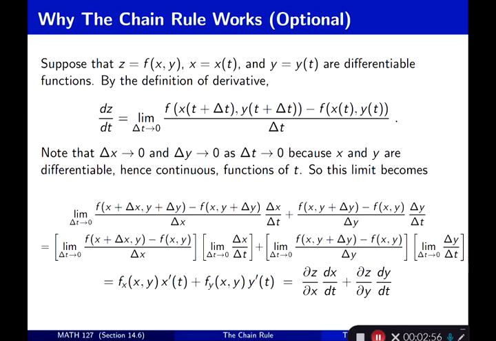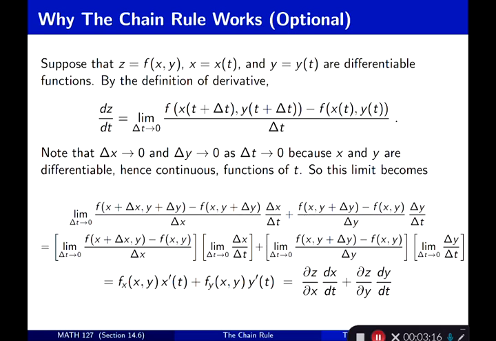So let's start by rewriting this limit. The same trick that we used in Calculus 1 applies. You can add and subtract the term f of x and y plus delta y.